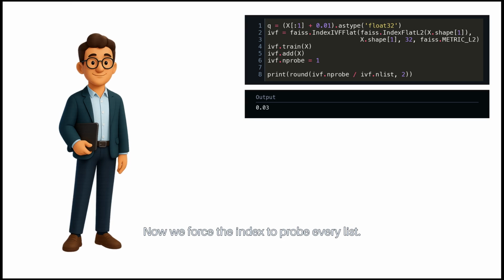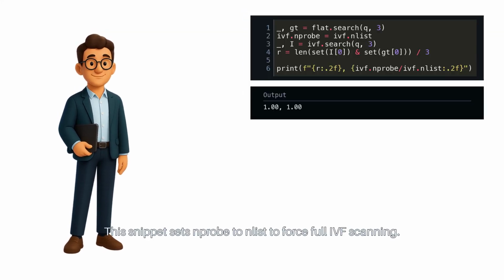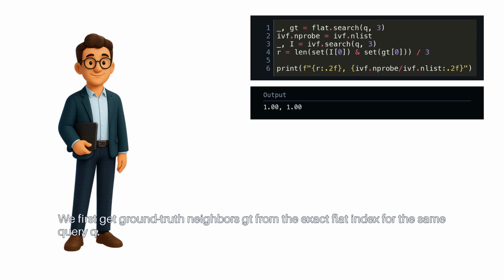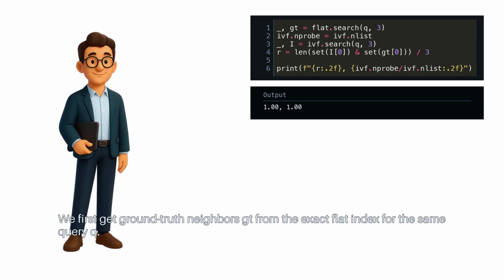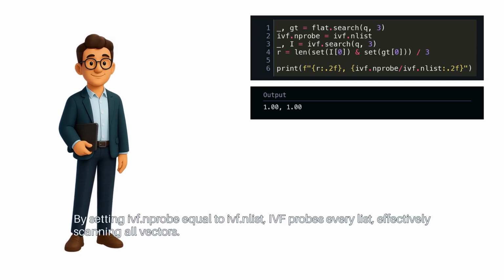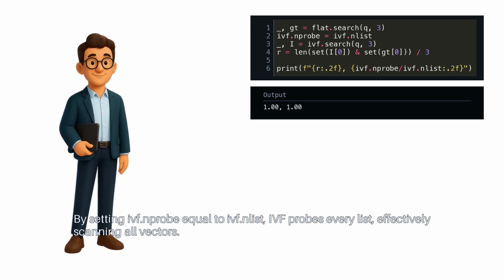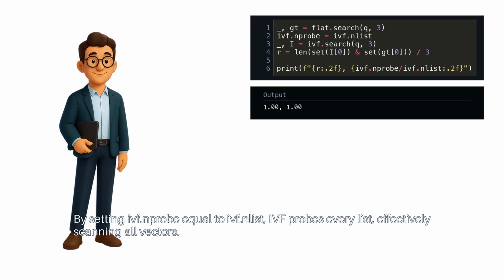Now we force the index to probe every list. This snippet sets nprobe to nlist to force full IVF scanning. We first get ground truth neighbors, GT, from the exact flat index for the same query Q. By setting ivf.nprobe equal to ivf.nlist, IVF probes every list, effectively scanning all vectors.